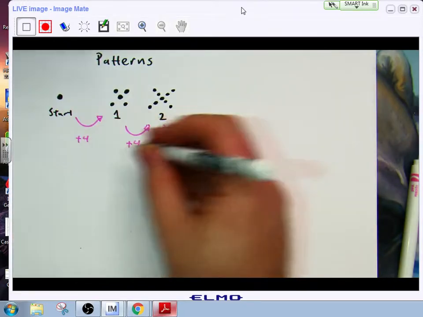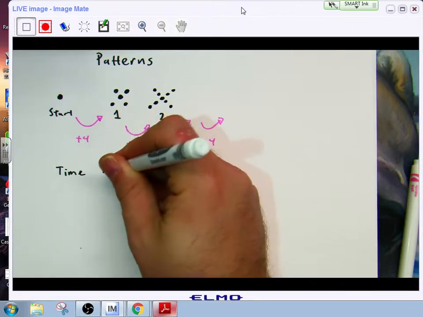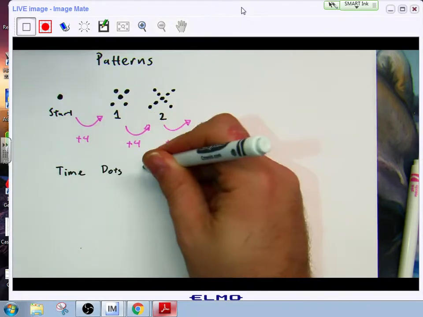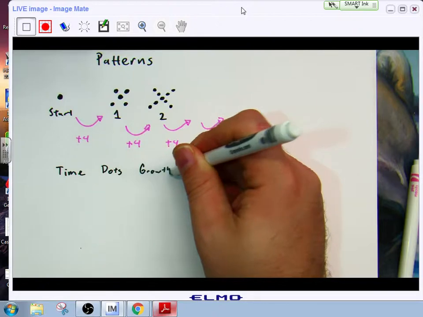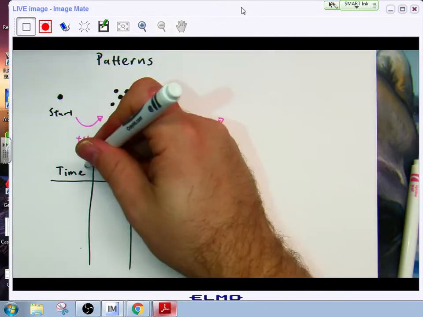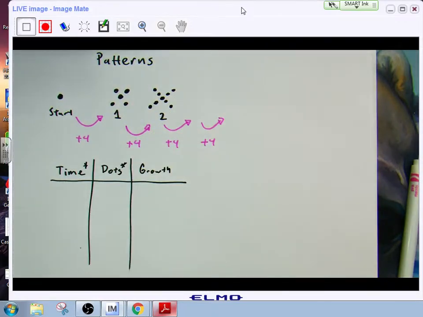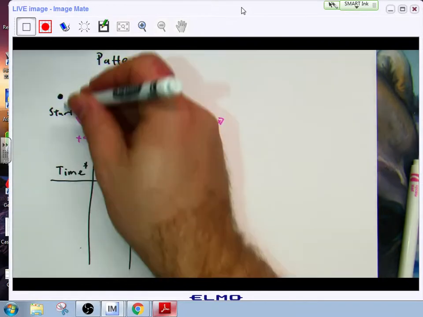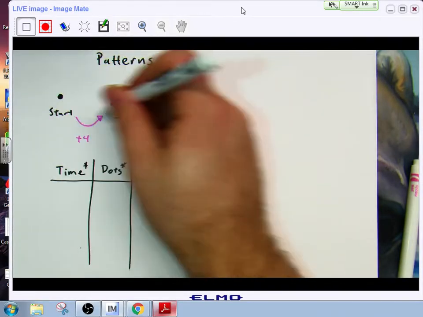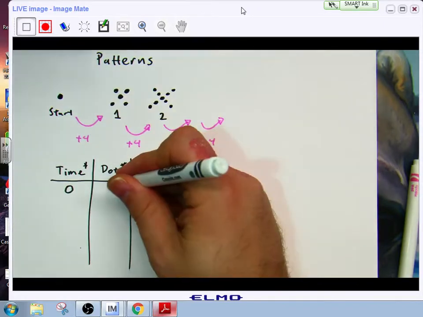So what we would have for this chart is the time, the dots, and then the growth. Time and dots could change based on whatever your variables were. But here we have time. What time is this here at the start? We'll say that's 0. And at 0, we had 1 dot.